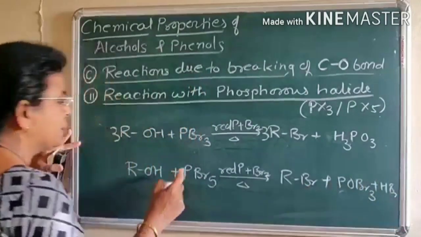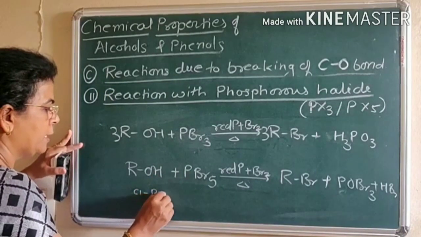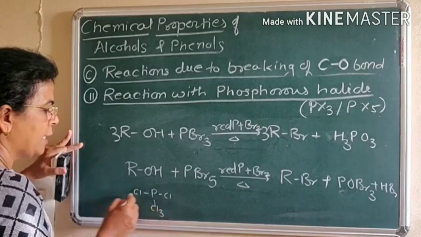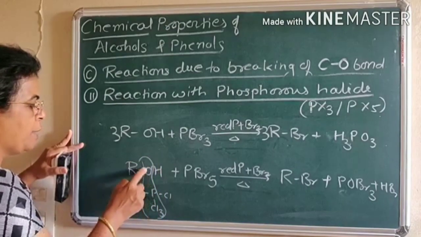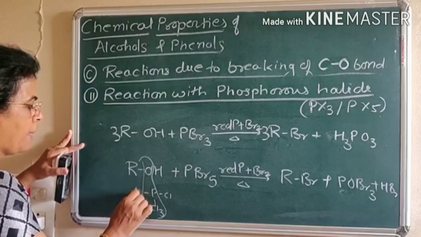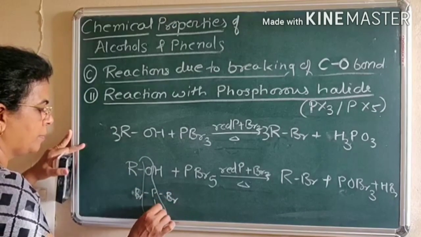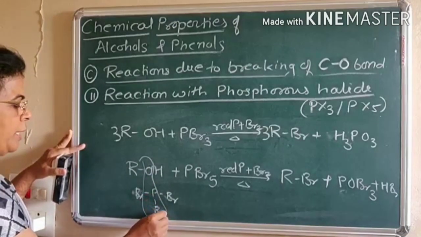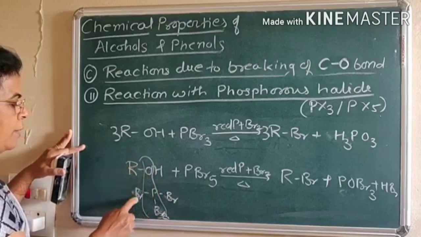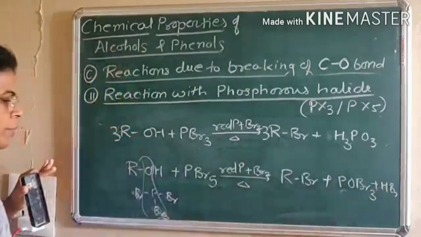Same reaction takes place like phosphorus pentachloride, breaking of this takes place, Br here. RBr, POBr3, HBr is formed.